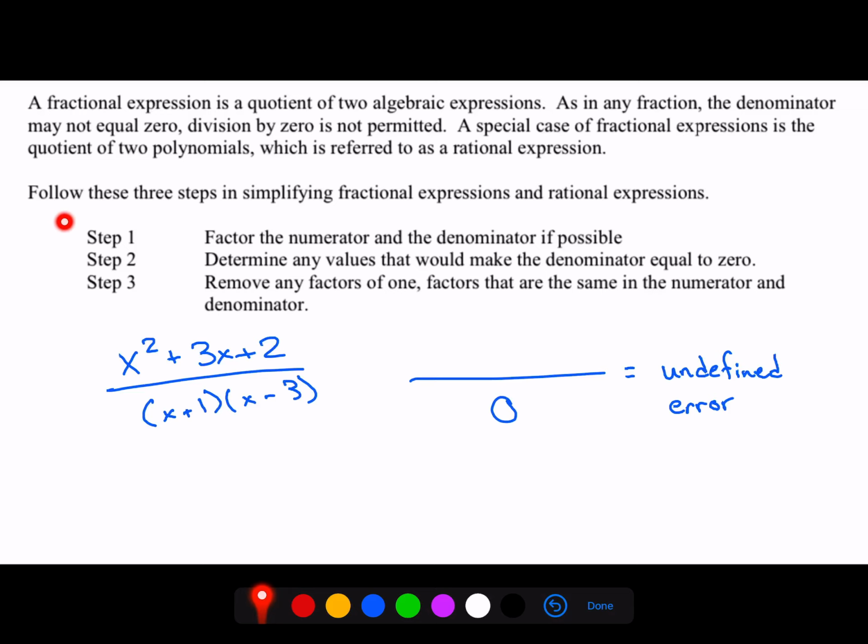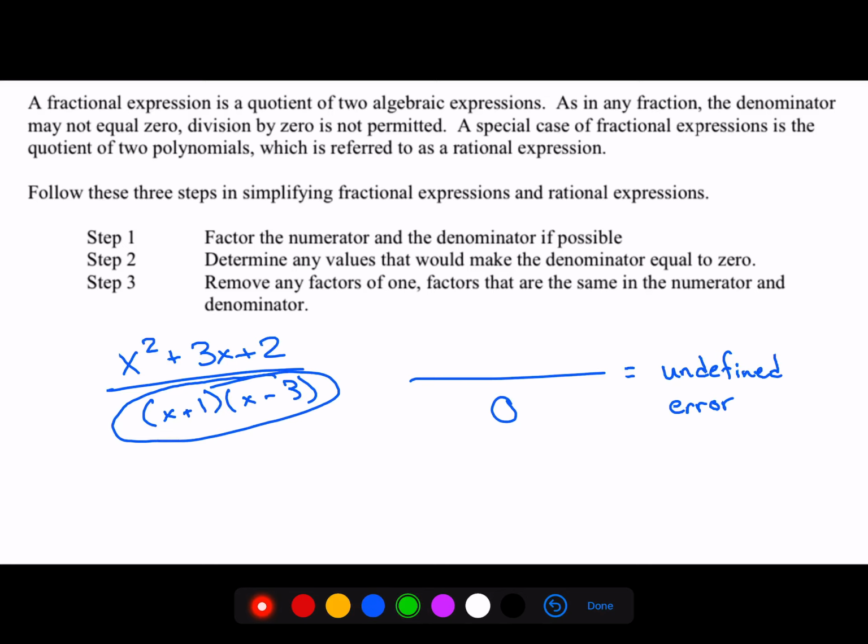Follow these 3 steps in simplifying fractional expressions and rational expressions. Step 1, factor the numerator and denominator if possible. In this first one that I just wrote up as a random example, if I can factor it, I factor it. Step 2, determine any values that would make the denominator equal to 0. Well, in this case, what would make the denominator equal to 0 down here?